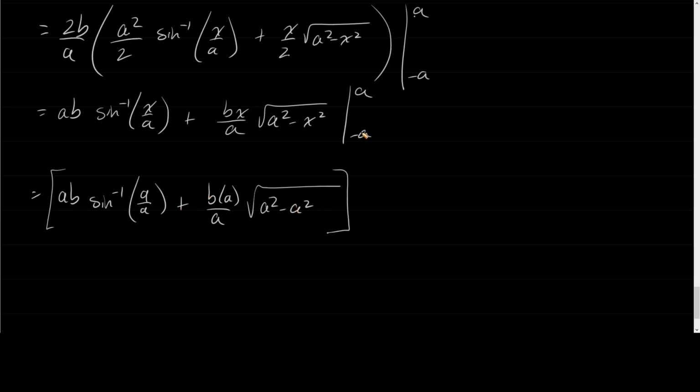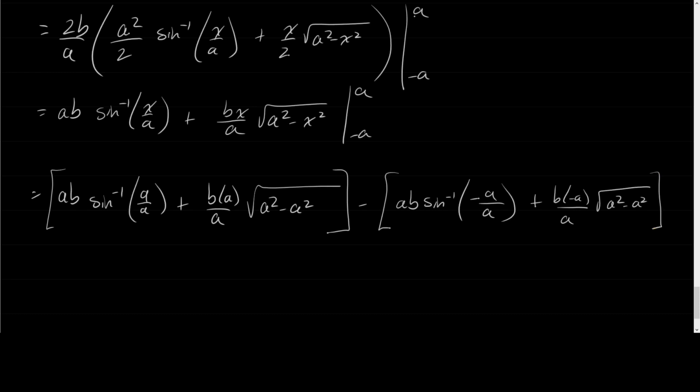Right, that's plugging in the top. Minus plug in the bottom, negative a. So I end up with ab times sine inverse of negative a over a plus b times negative a over a times the square root of a squared minus a squared. So that's plugging negative a in there.